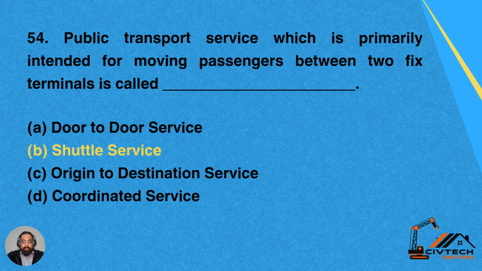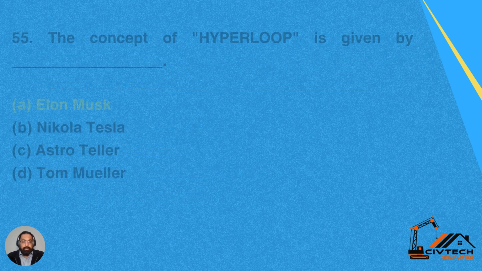So it is called option B, shuttle service. It may be in the shape of a bus, a train or any mode. But if the terminals are fixed and the intention is to mobilize the passengers from one terminal to the other terminal, that service is called shuttle service.